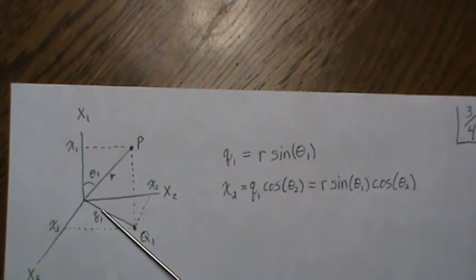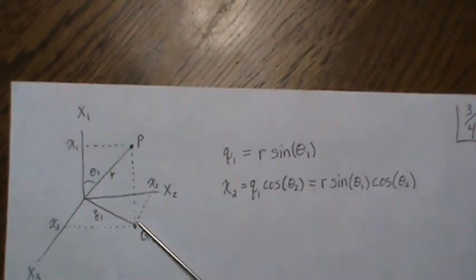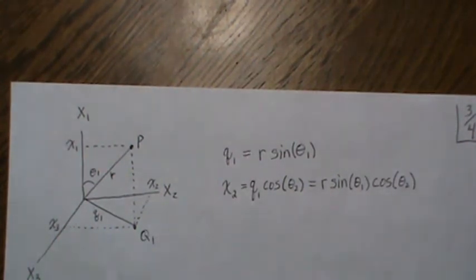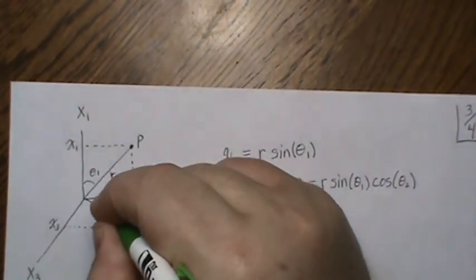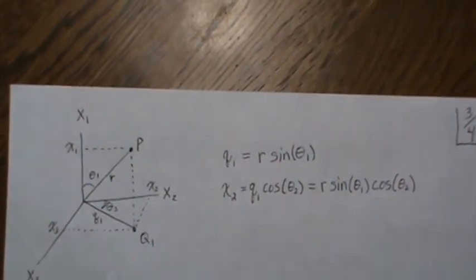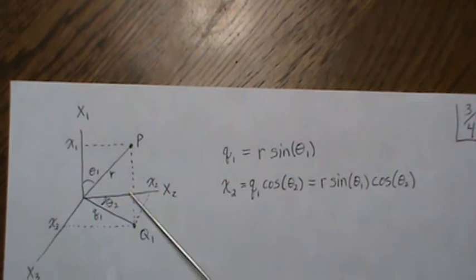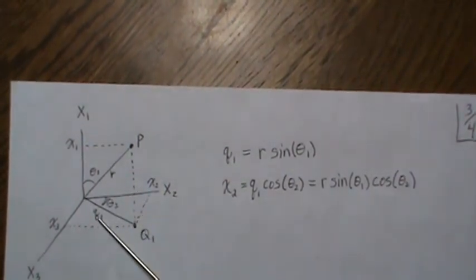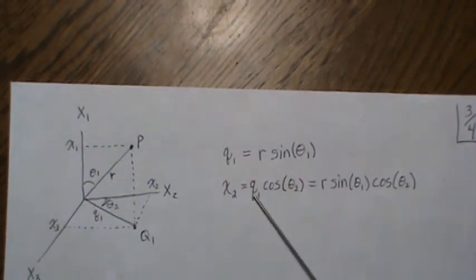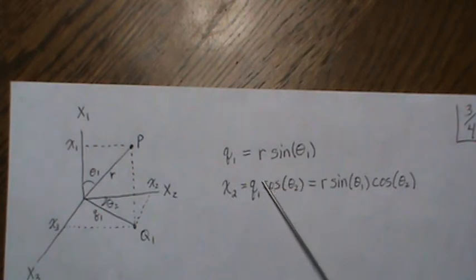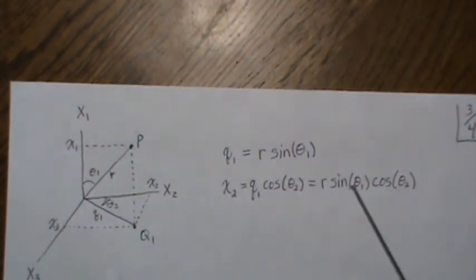But now that you know q1, we can use that for this angle, because this angle, and I don't know why I didn't write it, is theta 2. So the cosine of theta 2 is x2 over q1, and you can back solve for x2, but q1 we said was this, and so you can plug it in, and this is how you find x2.